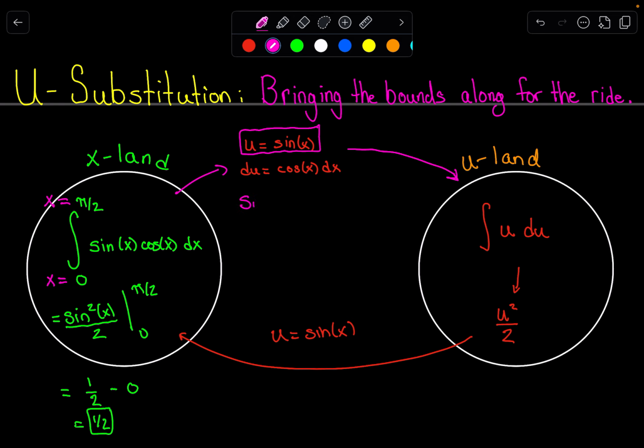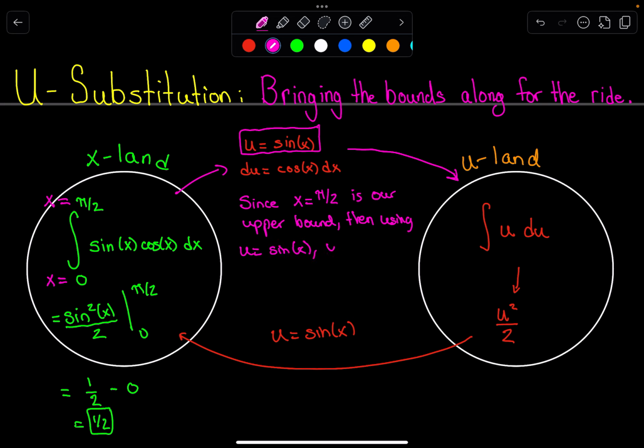And so we could say that since x equals pi over 2 is a bound, our upper bound, and you don't have to write this out every time, just doing it for the sake of the video, then using the fact that u equals sine of x, we get that u is equal to sine of pi over 2, which is equal to 1, is our upper bound in U-land.